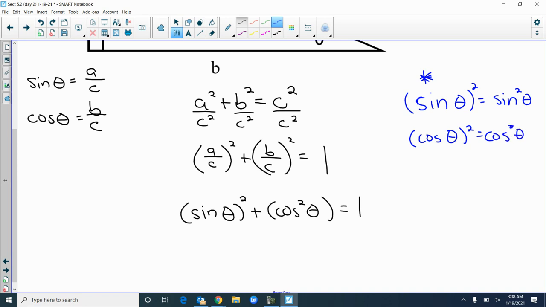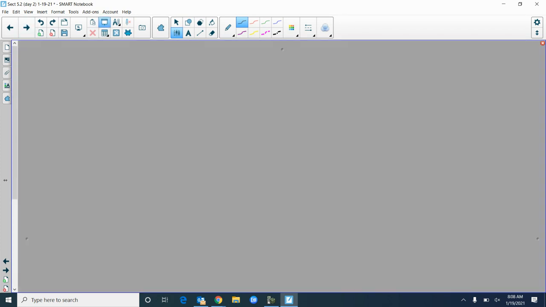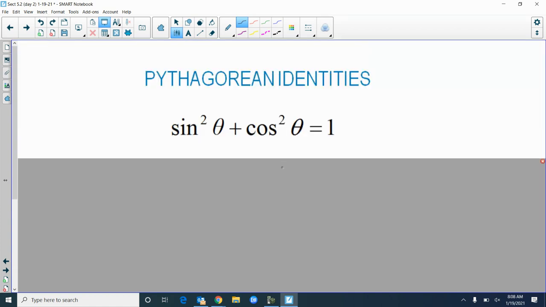Okay, so now right here, I get sine squared theta plus cosine squared theta equals 1. That is the first of our Pythagorean identities because they come from the Pythagorean theorem. So that would be number 1. Sine squared plus cosine squared equals 1.